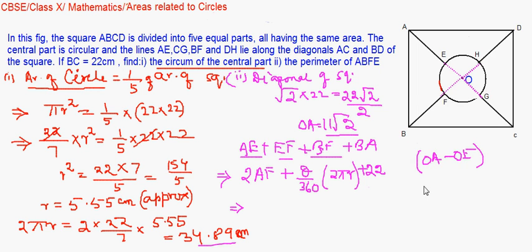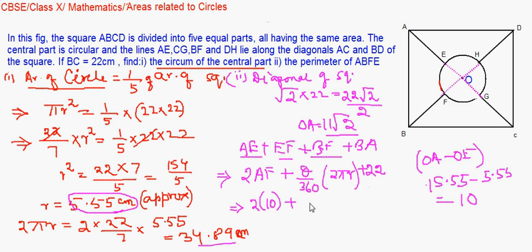OA was given as 11 root 2, minus OE, which is 5.55. 11 root 2 is about 15.55, minus OE, the radius we calculated, 5.55. That will give me 10.